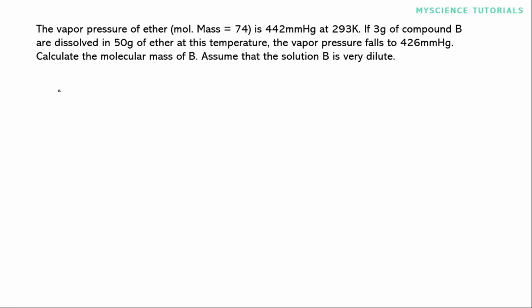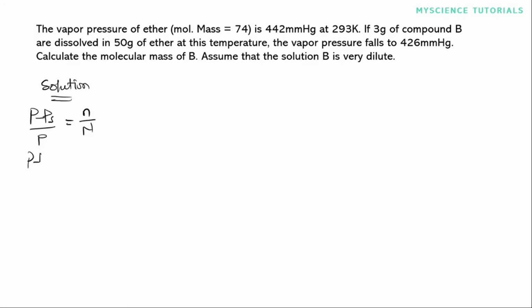So let's look at the solution for that. We know that for very dilute solutions, P minus PS on P is equal to small n over capital N, because we've been told the solution is a very dilute solution. Now all we need to do is substitute what we know for the moles of the solute and that of the solvent.